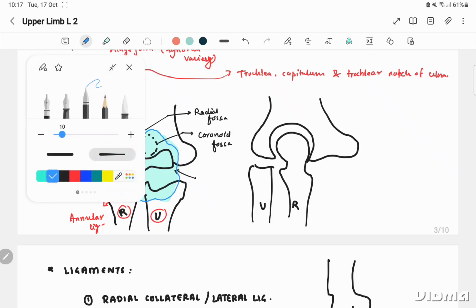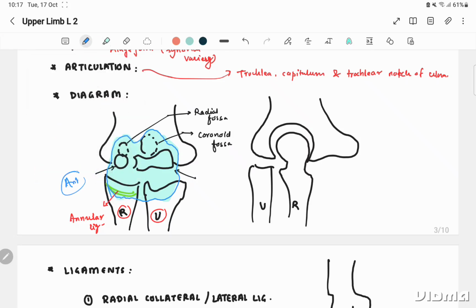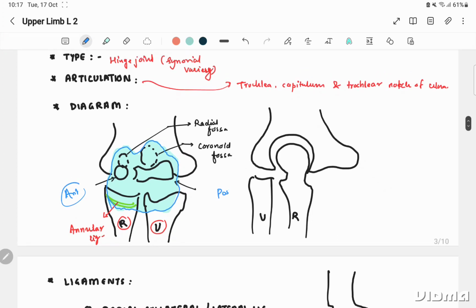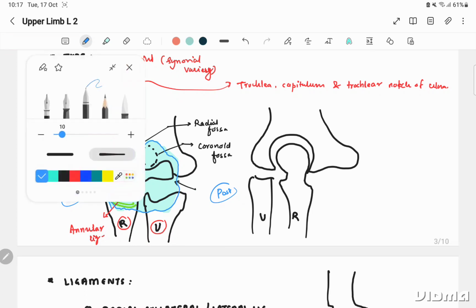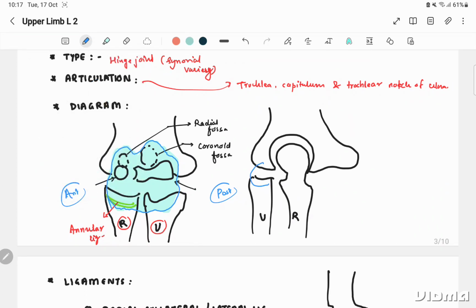If we see from the posterior side, this is the anterior side and this is the posterior side. If we see from the posterior side, the capsule will cover like this. It will cover this whole part, and this olecranon fossa and the olecranon process. So the capsule will go like this in the inferior part.